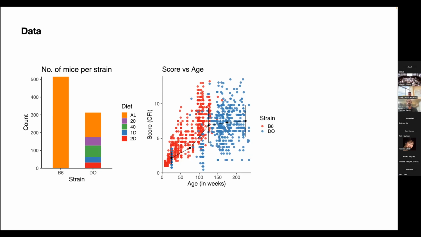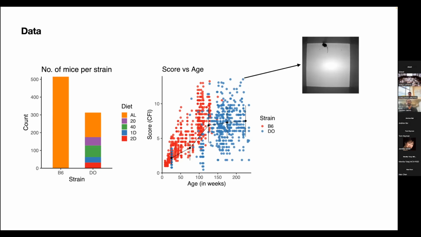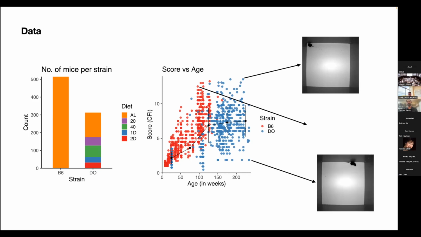For example, this mouse, which is greater than 200 weeks old, has a frailty index close to 13. There's another mouse which is 200 weeks old, but has a frailty index less than 3. And then there's a mouse that is close to 100 weeks old, but has roughly the same frailty as a mouse that is 200 weeks old from here.